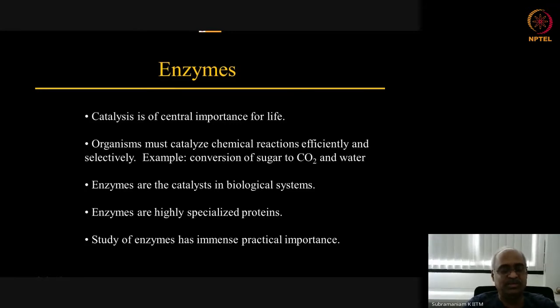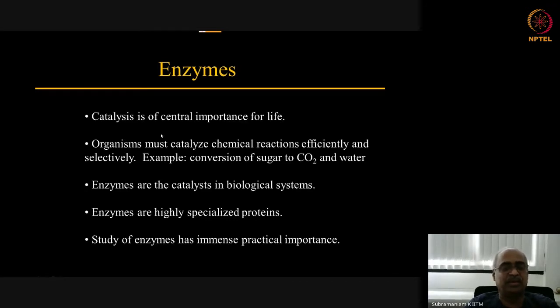You can eat starch and obtain glucose from it, but not by eating cellulose. Although both are made up of glucose, polymer of glucose. One has an alpha linkage and another one has beta linkage, and we do not have the enzyme that cleaves the beta linkage. The enzyme that cleaves the alpha linkage does not cleave the beta linkage. Okay, so they are very specific.